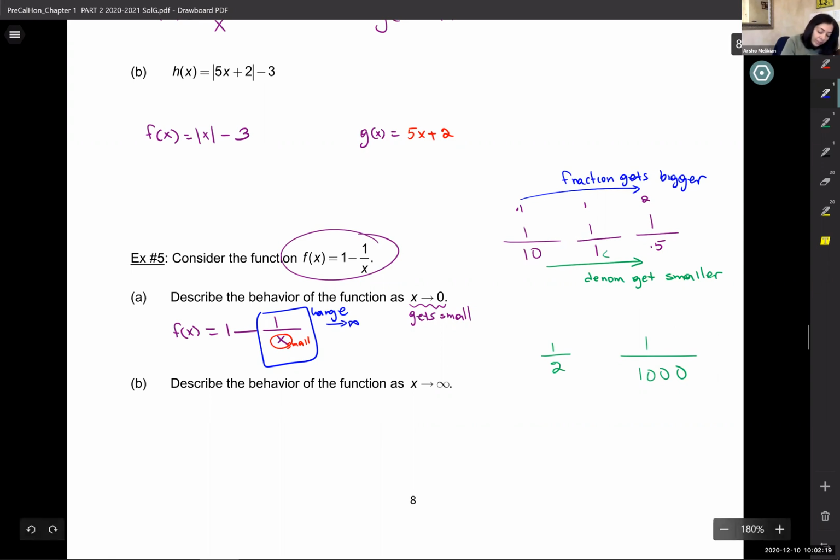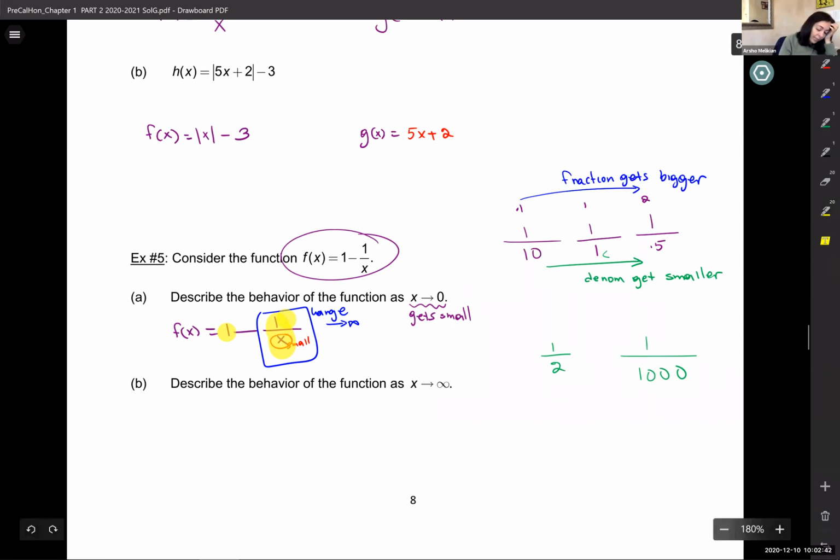So now, what's this function? It's 1 minus this. What's 1 minus a very large number? What's 1 minus 1,000? A negative number? Negative, yeah, but how big of a negative number? Like negative 999, right?